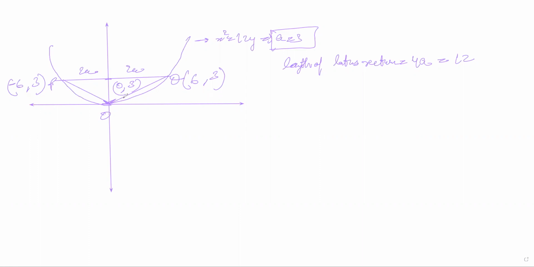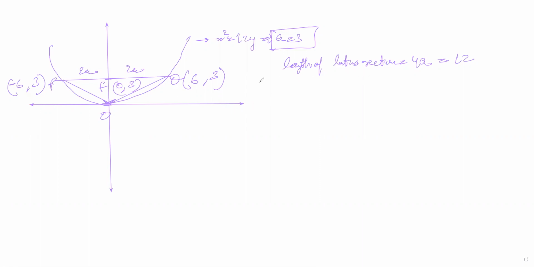That means P and Q have to be symmetric because the parabola is symmetric, and this latus rectum has to pass through the focus. That is why all of these have to be the same height, 3.